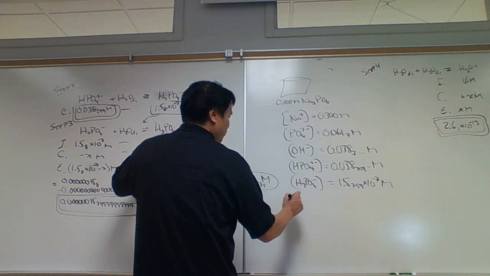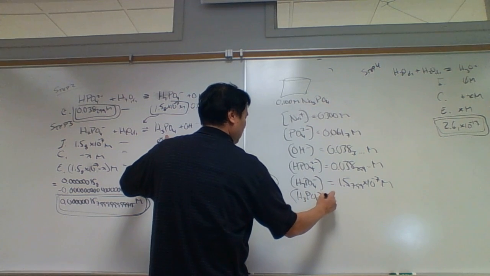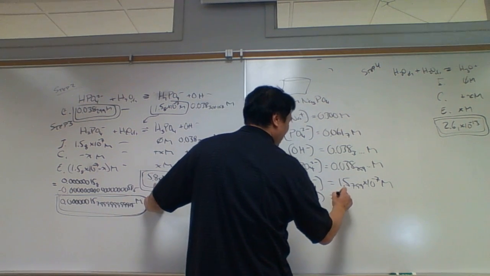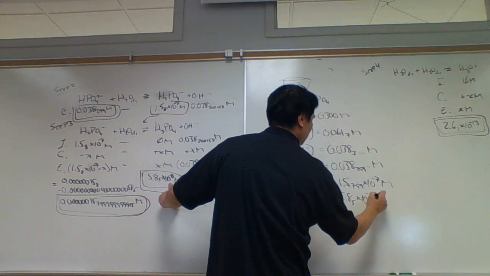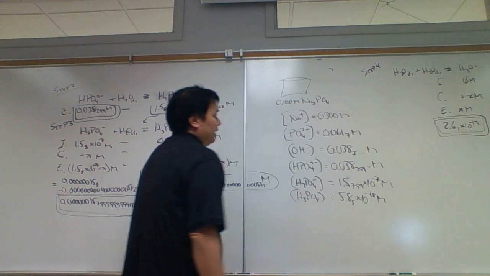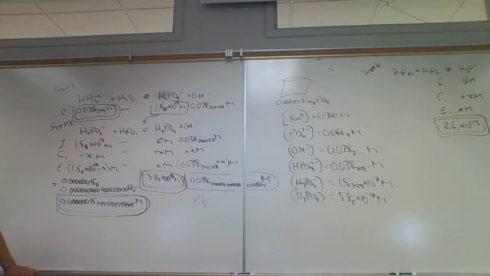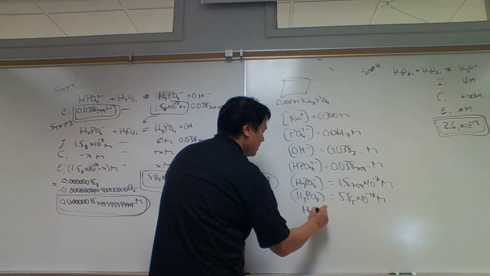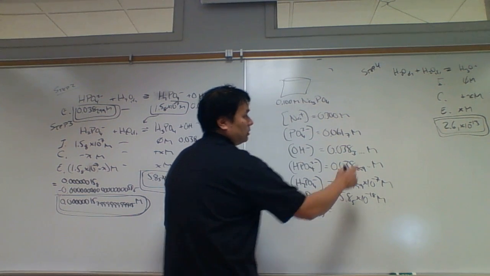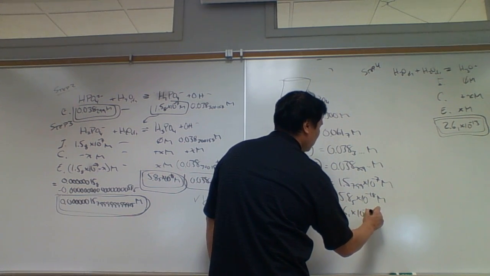We would find phosphoric acid, H3PO4, at 5.85 times 10 to the minus 18 molar. And are we missing anything? Yeah. We'd find H3O plus at times 10 to the negative 13 molar.